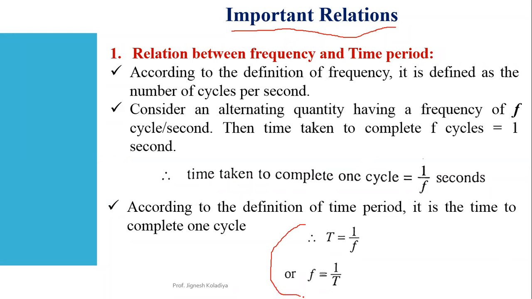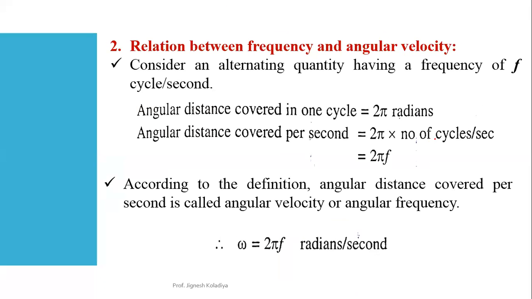So you can remember these 2 equations: T is equal to 1 by f, or f is equal to 1 by T. And the second one is the relation between frequency and angular velocity. Frequency f and angular velocity omega. So omega equal to 2 pi f.